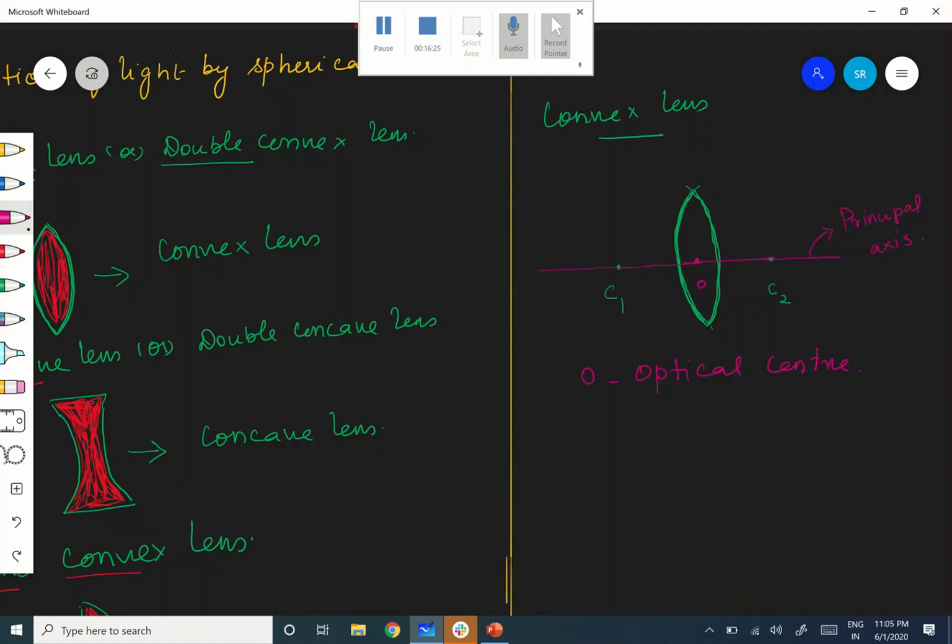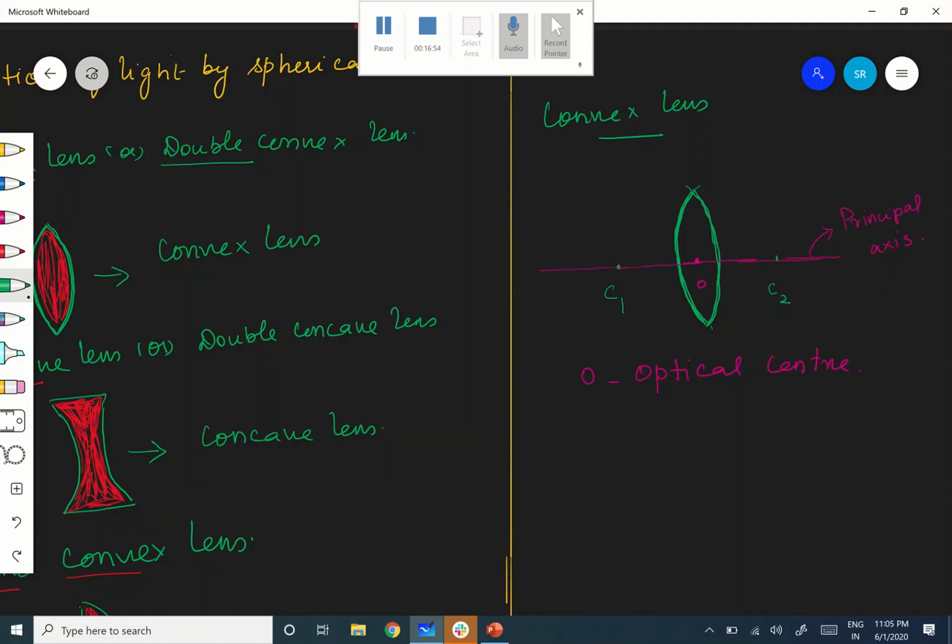Are you following? Usually the centers of curvature, I'll draw properly here. So C1, C2 are the centers of curvature. O is the optical center of the lens.